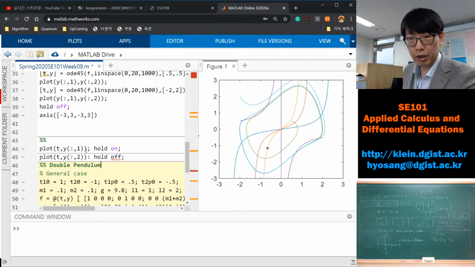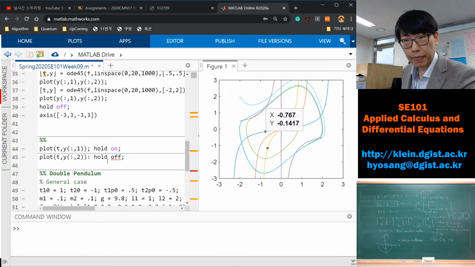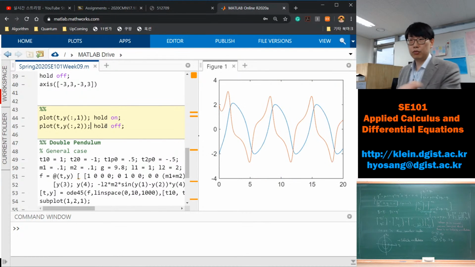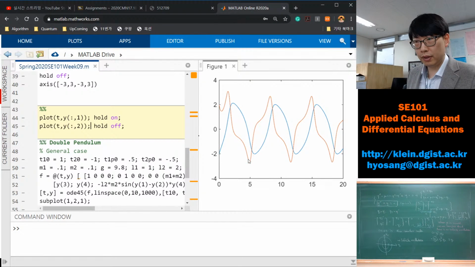I want to draw y1 and y2 in terms of t. Okay, so when I draw y1 and y2 in terms of time, it oscillates, but it's not a sinusoidal curve. It's a periodic curve, but it's not a sine or cosine curve. So y1 oscillates like the red one, and y2 oscillates like the other ones here.